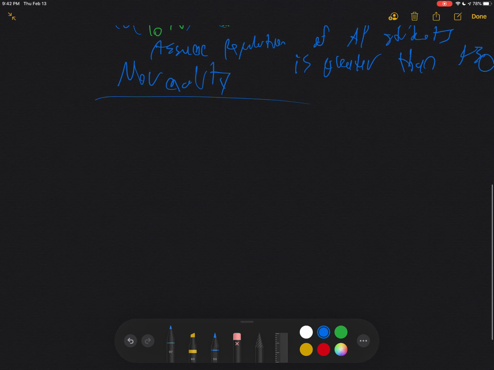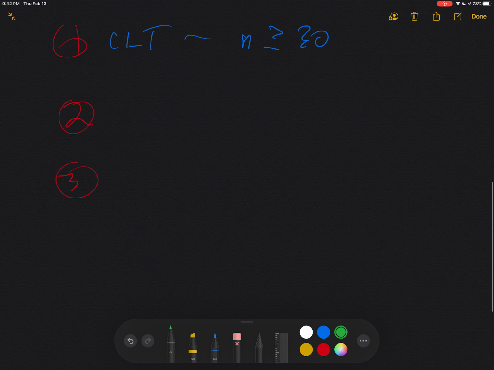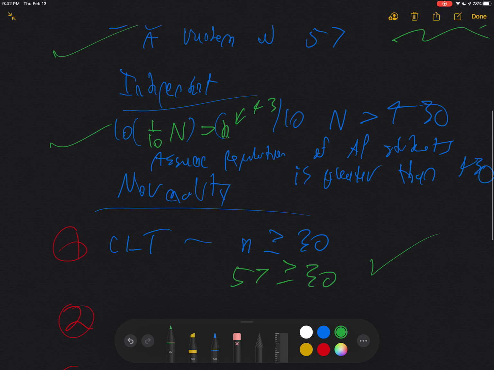So normality is the hard part. There are 3 ways we can show that something is normal. The first way is we use the central limit theorem, and then we say that the n, or the sample size, needs to be greater than 30. In our case, this is really easy. We know that we have a sample size of 57. So 57 is greater than 30, and we're all happy, and we can just check it off like we checked these off.